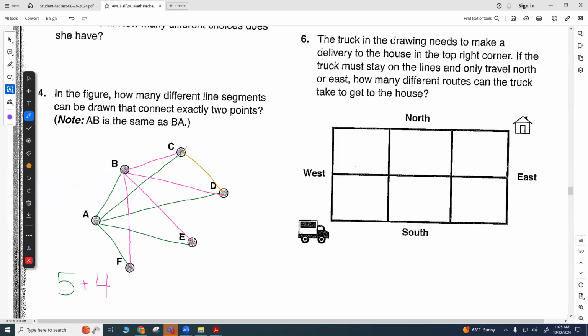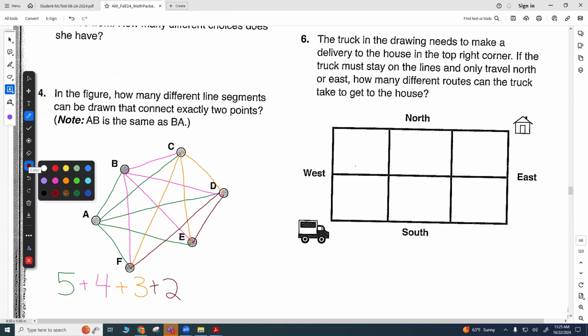C, now I only need to connect it here and here because it's already connected there. And then D, hopefully you're seeing the pattern, D can only connect here and here.